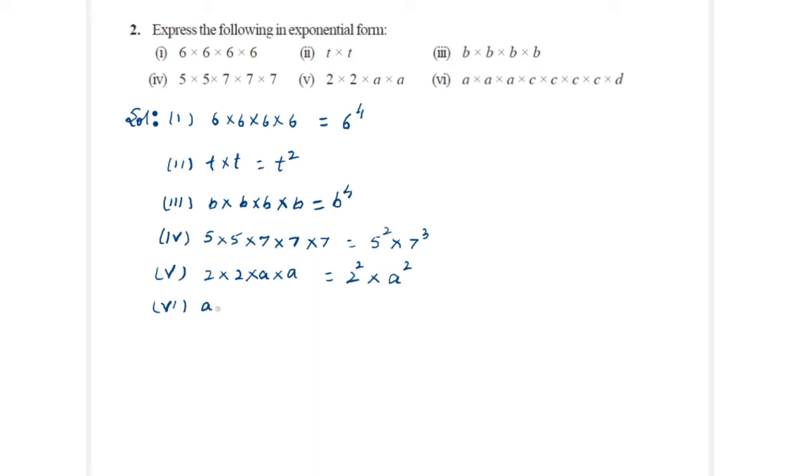It is a into a into a into c into c into c into c into d. Here a is multiplied 3 times, therefore it can be written as a raised to power 3 into c is multiplied 4 times, therefore it can be written as c raised to power 4 into d.